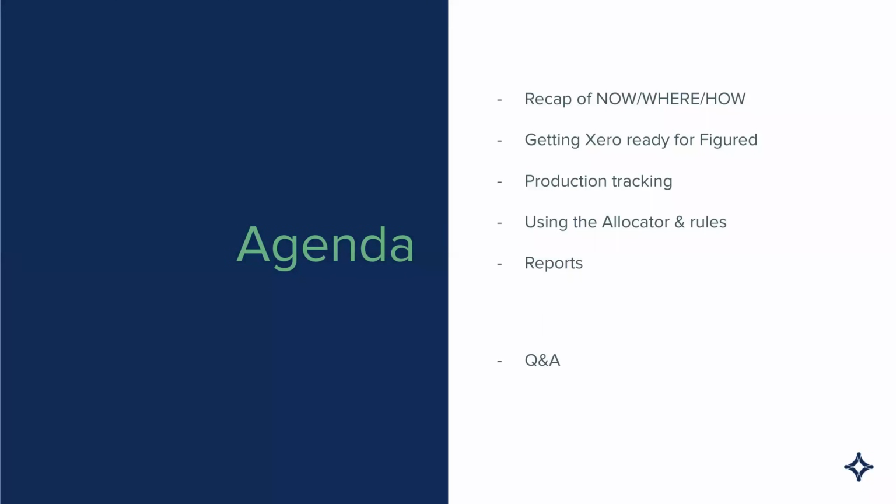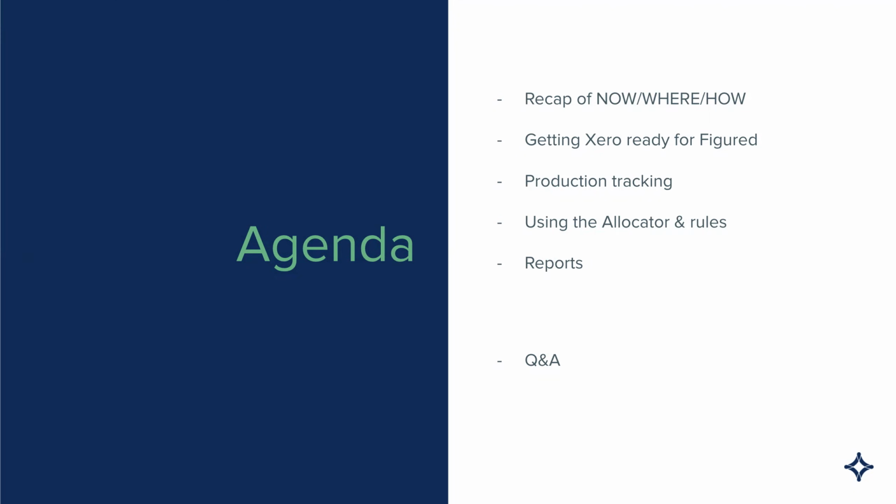Today, this is the agenda of what we'll be going through. I'll do a quick recap of the now, where, how for anyone that wasn't here at the last webinar, and go over that mentality of using now, where, how to go through the Figured product. Then we'll touch on getting Xero ready for Figured. Xero is a really key point in using Figured, so we'll cover the key points of getting Xero set up.